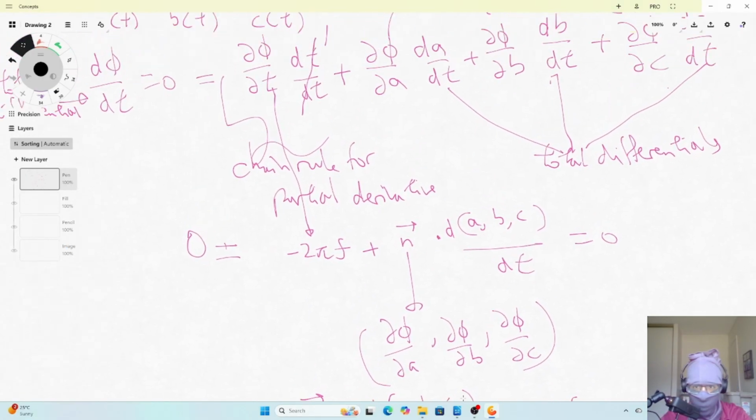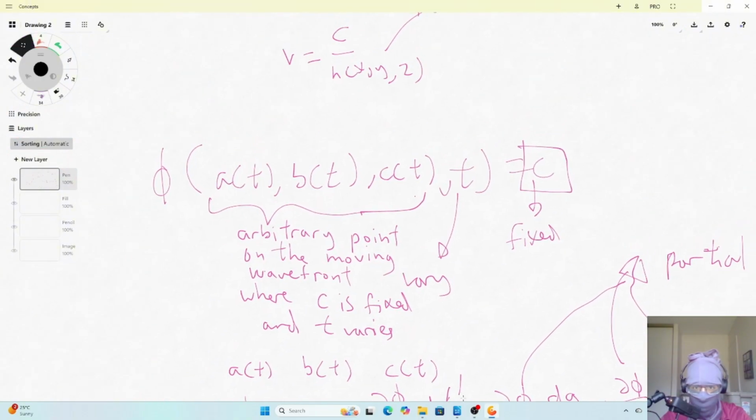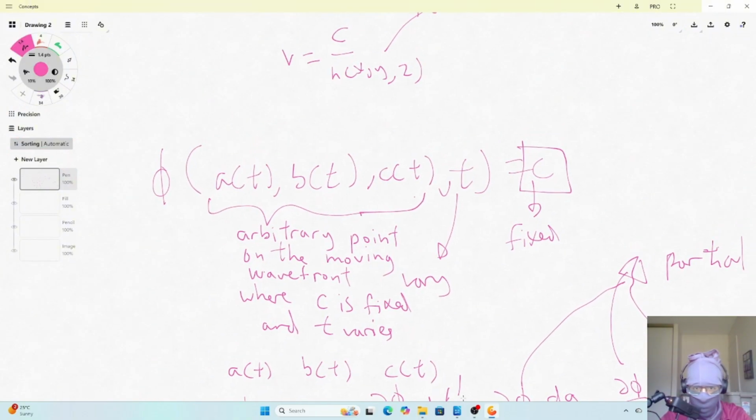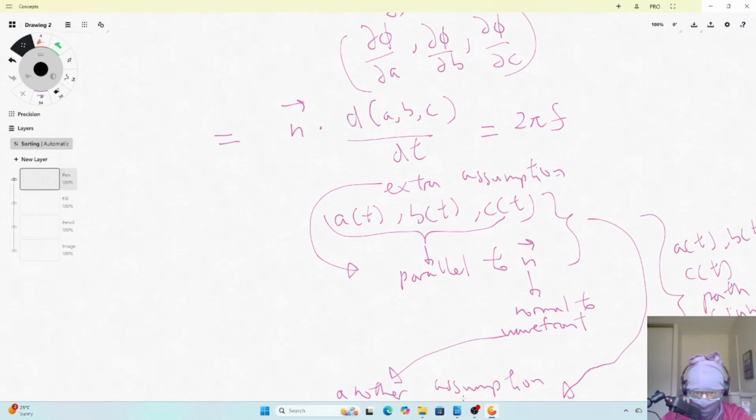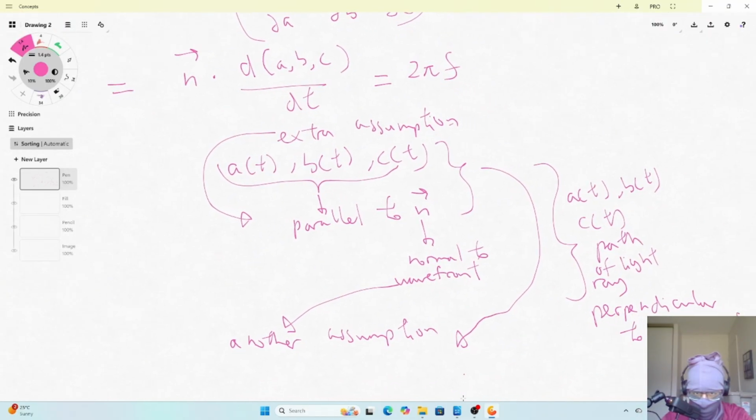So let's recapitulate. We do not know yet the differential equation for the wavefront, the phase. First of all, we want the wavefront to move as time varies so that its value stays fixed, so that the phase stays fixed. Secondly, we want that point on that moving wavefront to move in the direction of the normal to that wavefront.